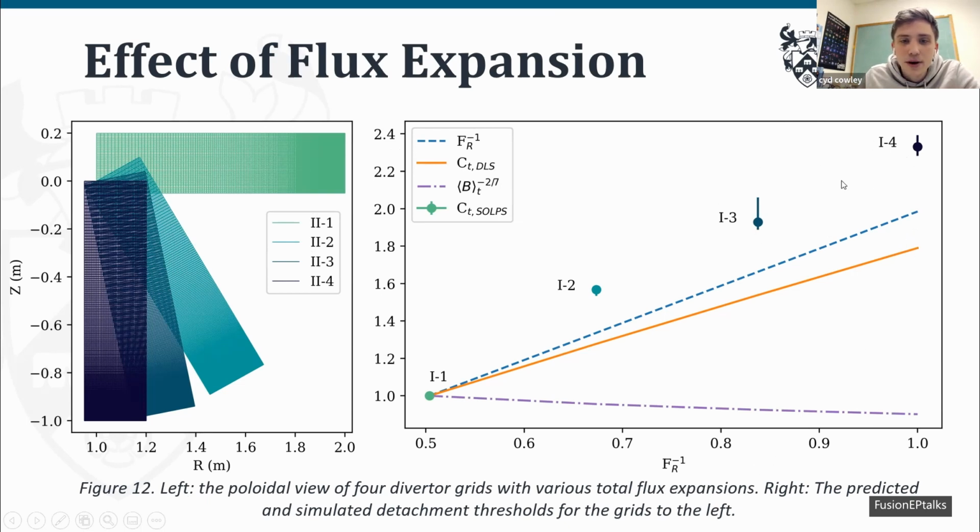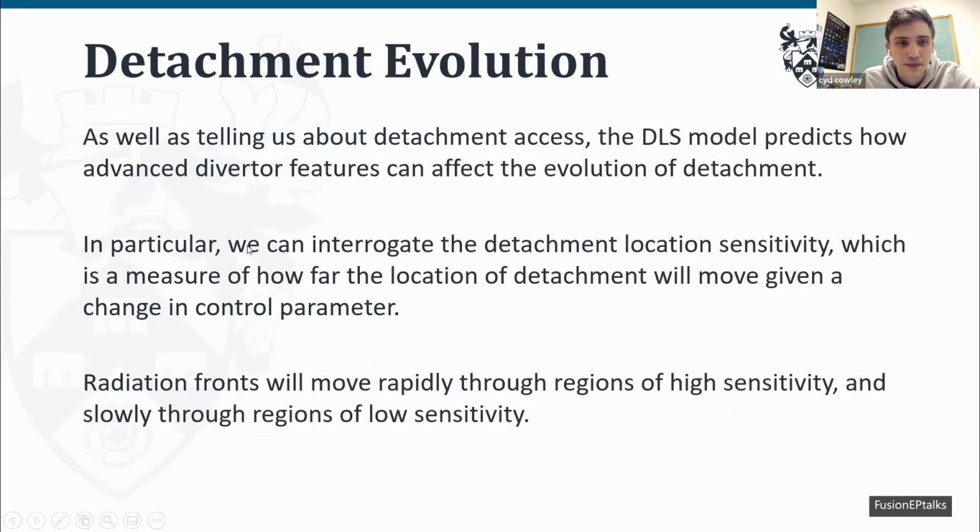We do indeed get pretty much a linear relationship, but again, it's stronger than expected. Going from grids 4 to 1, the detachment threshold varies by a factor of 2.3. So it's 2.3 times easier for grid 1 to be detached than it is for grid 4. Which is very different from the 1.7 predicted by the DLS model.